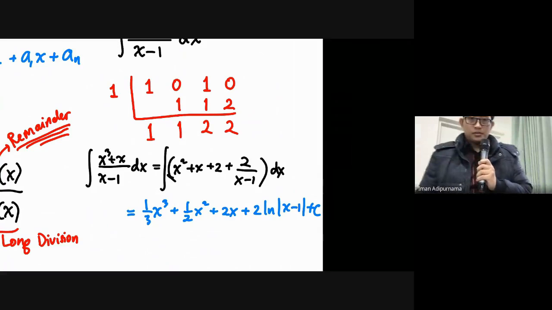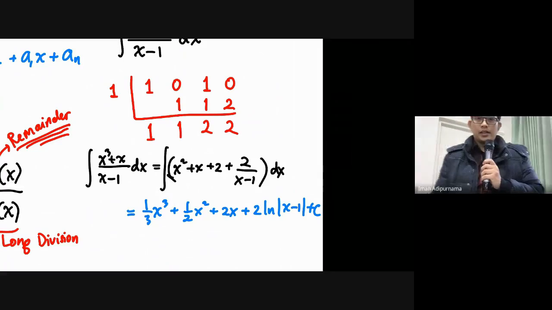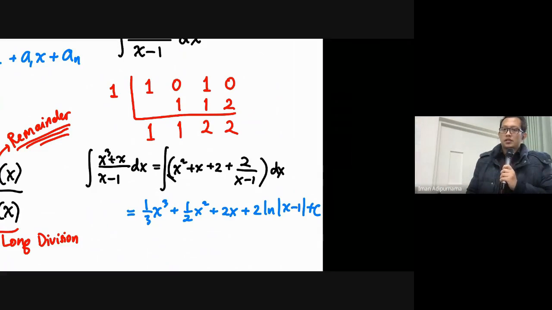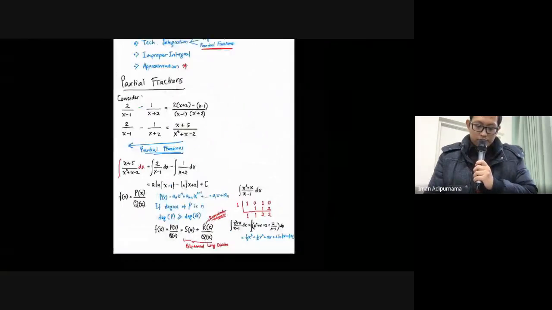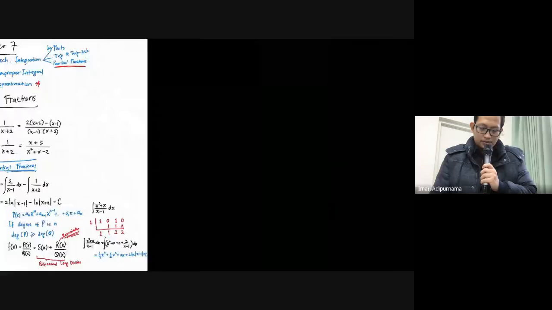Okay, let me continue. To find these integrals, at least we need to think about four cases. Let me write it on a new page.